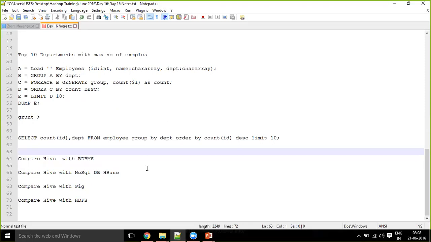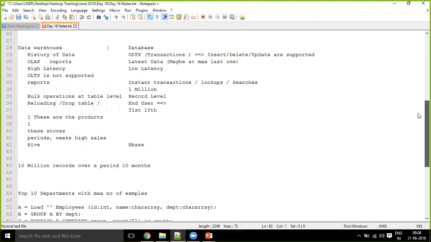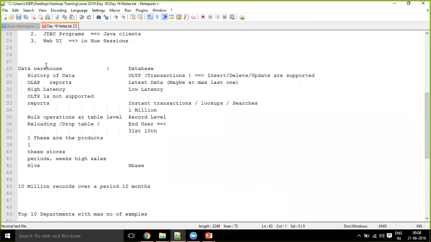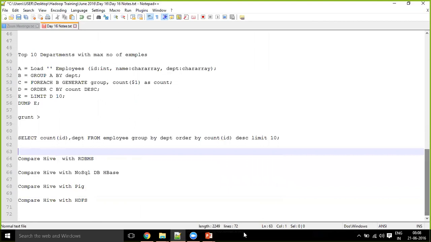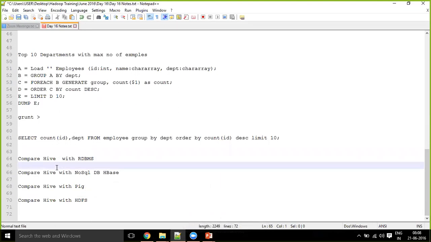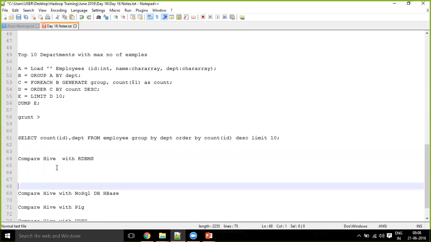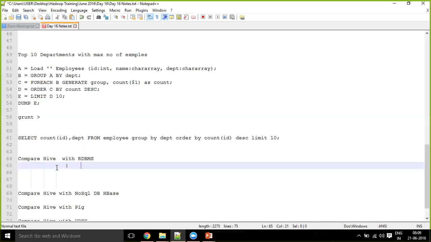So here in Hive, I hope you got these features of a data warehouse, and these are for a database, and you understood some of these features for Hive, right? So coming to comparing Hive with RDBMS, almost all your RDBMSs can serve as a database.